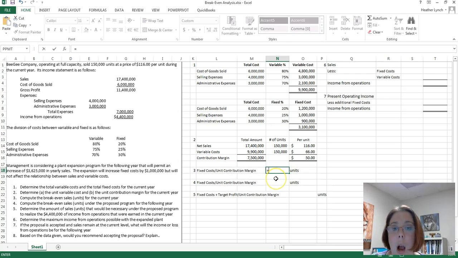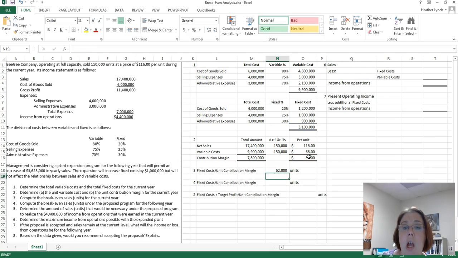Well, our fixed cost, remember fixed we can't change. Fixed is fixed. So we take the 3.1 million, we divide it by the $50 contribution margin. So to break even, we have to always produce 62,000 units.